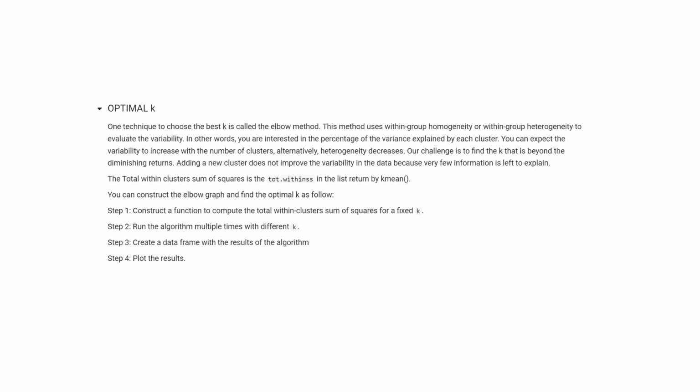The total within cluster sum of squares is the tot.withinss in the list returned by the k-means output. You can construct the elbow graph and find the optimal k as follows. Construct a function to compute the total within cluster sum of squares for a fixed k. Run the algorithm multiple times with different fixed values of k. Create a data frame with the results of the algorithm and then plot the results.